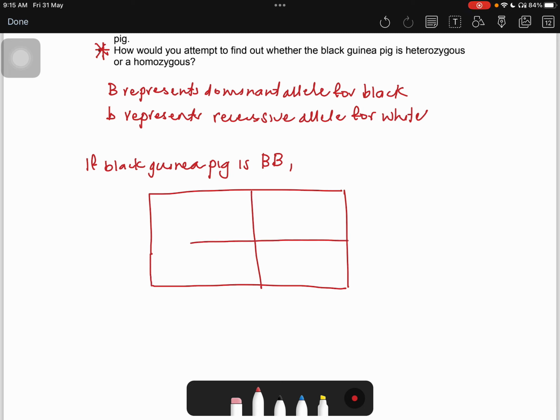Same thing, big B for black. Always cross it with a homozygous recessive. This time it's a white guinea pig, small b small b. So you'll get your answer immediately. All the offspring would be black in color.